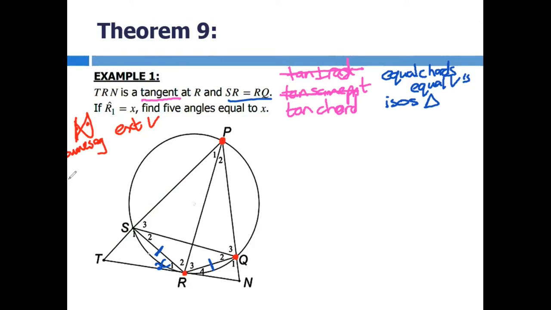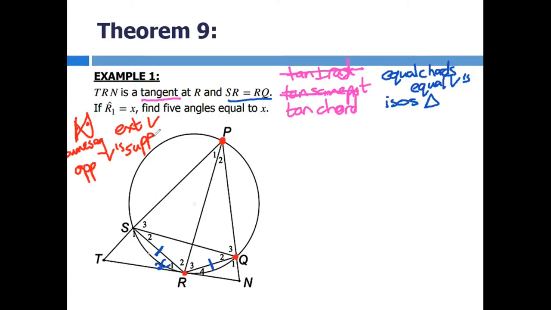Opposite angles, supplementary. Okay, so that's just from looking at all the information in my diagram, in the story. That's what's starting to buzz in my head, and now I'm going to try and use all that information to find as many angles equal to x as possible.